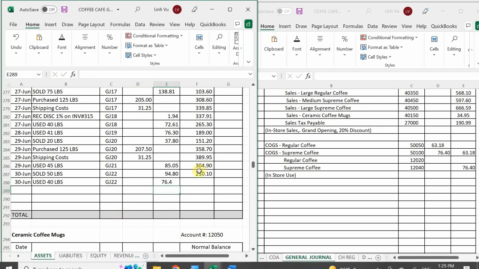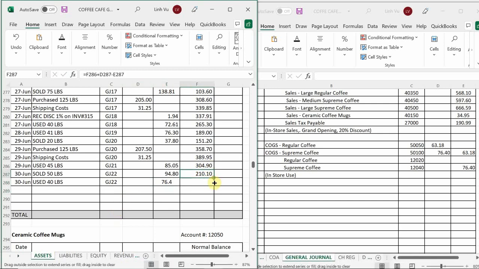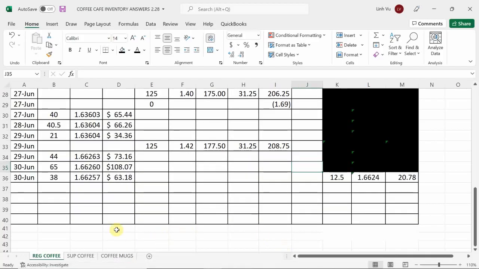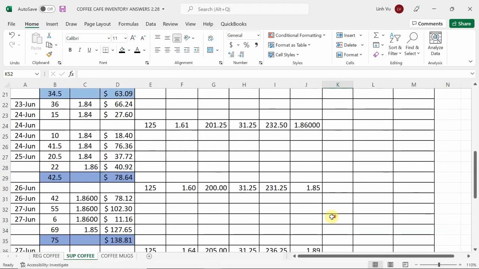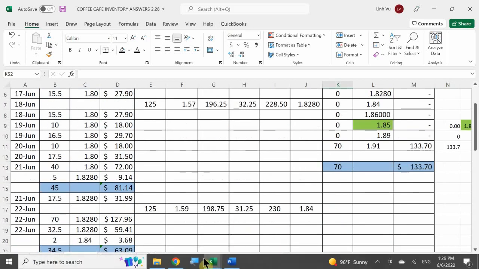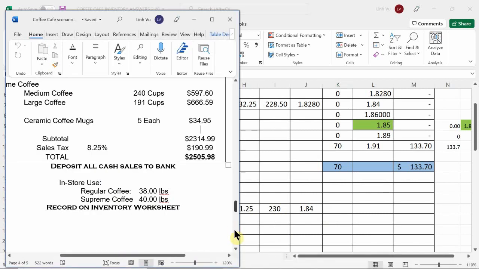And that should reduce your account down to $133.70, which we for sure know does match my inventory worksheet, right? We just calculated it, $133.70. So now we are completely done with this transaction here.